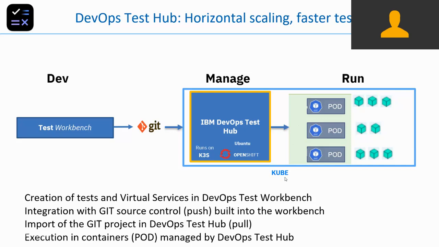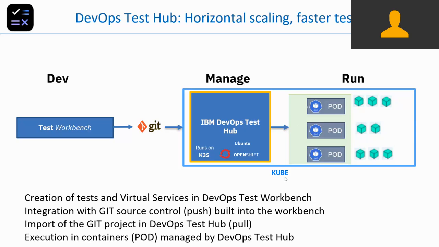So now when we are in Test Workbench, we are still going to create our test suite and push that into Git. We have a specific integration between Test Workbench and Git. So you don't have to go into Git to push your test. It will be directly in the workbench where you can interact with Git and push your modification into the Git repository.